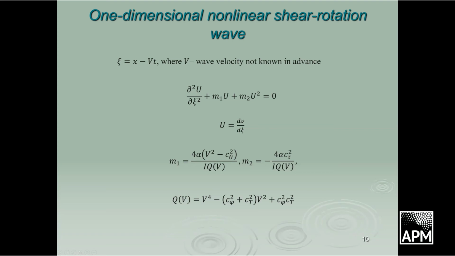Taking into account this substitution, the partial differential equation can be transformed to an ordinary differential equation, which has the following form. Here U is shear strain, M1 and M2 are the coefficients, and Q denotes the following polynomial.